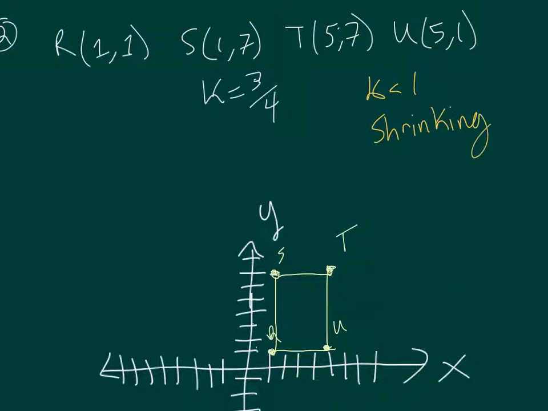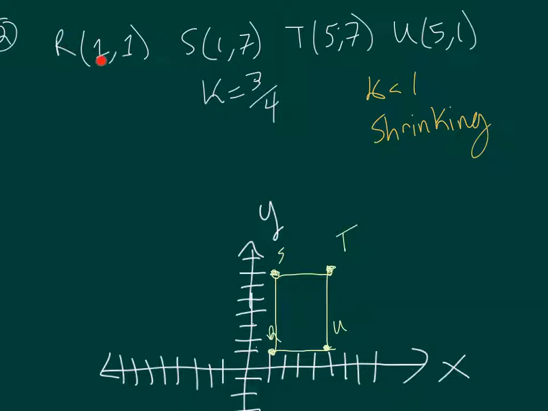Just like Mr. Morrow taught us, all we have to do is multiply each of these coordinates by our scale factor to get our new shape. So let's go ahead and do that right on down here.